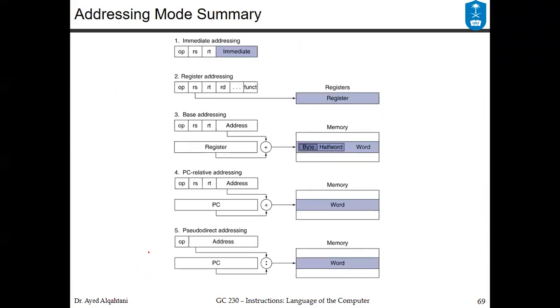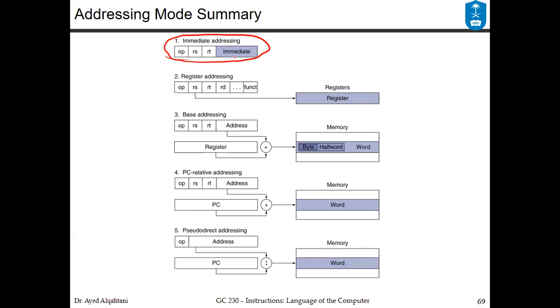Now, it's good to know the different addressing modes. There are some of them that we used in MIPS. I will start with the one that we used first, which is the immediate addressing. We used this kind of instruction, and this is what we call the I type.